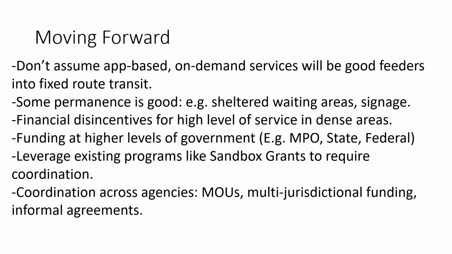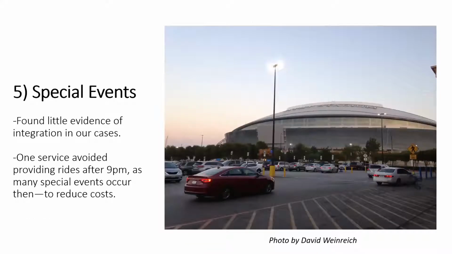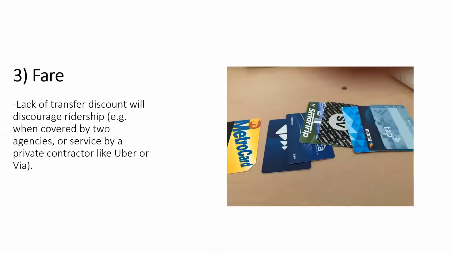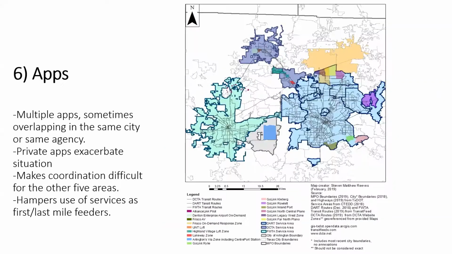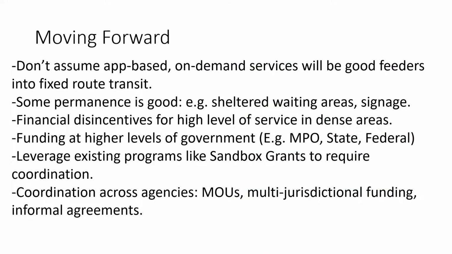Okay, previous slide referred to bullet 3 on the moving forward slide. Oh, okay, thank you. Bullet 3 on the moving forward slide: financial disincentives for high levels of service in dense areas.